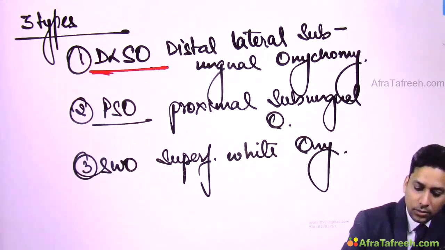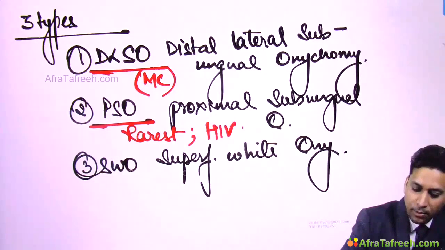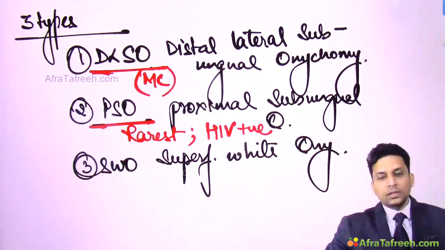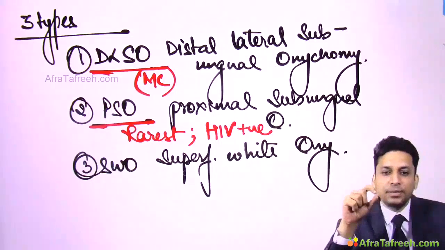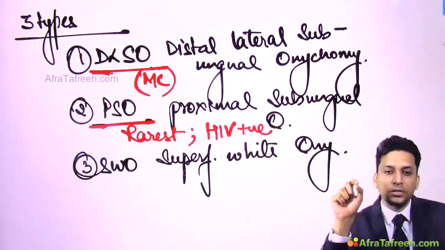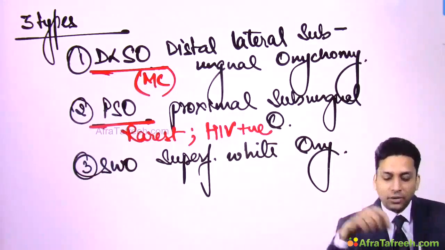This DLSO is the most common type, PSO is the rarest type, and this is seen in HIV positive patients. So these are three different types of onychomycosis. Most common is distal lateral subungual onychomycosis. Rarest type is proximal subungual onychomycosis. This is common in HIV positive patients, and third one is superficial white onychomycosis.